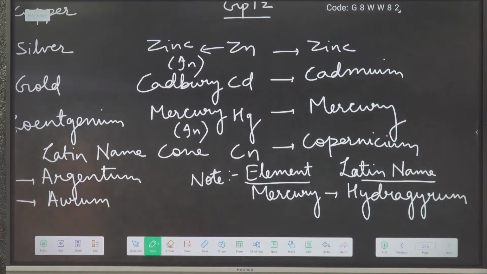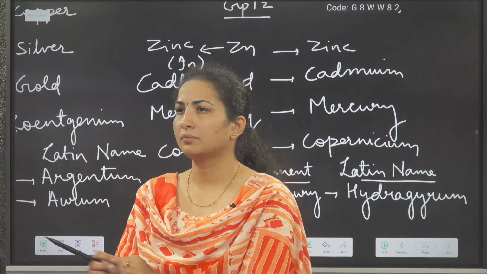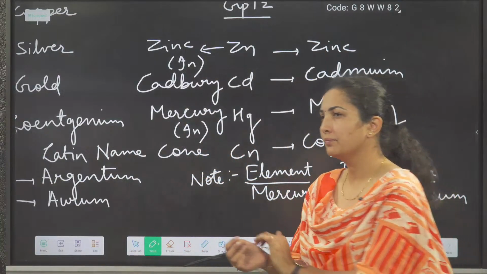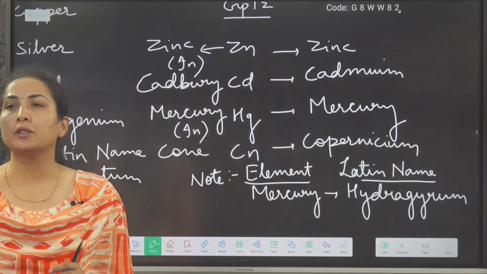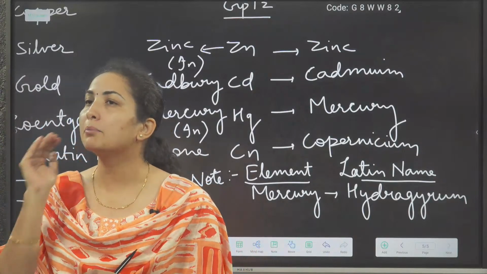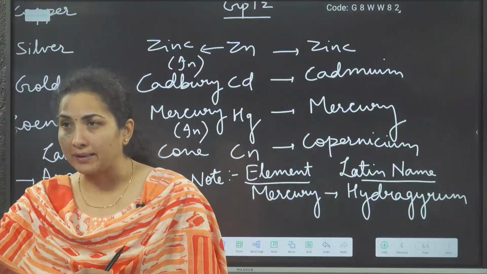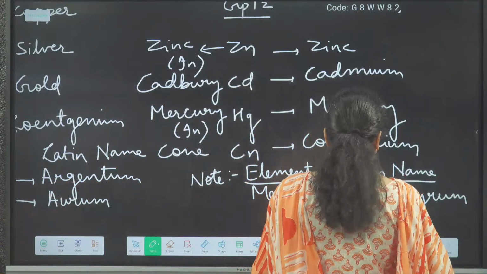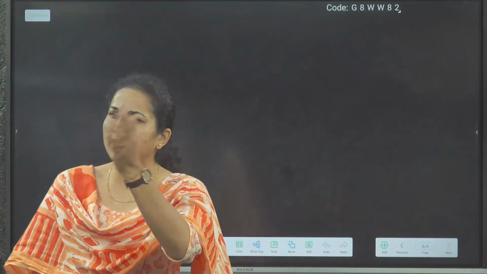Everybody has written? Okay, if you are done with this, I'm just going to ask you randomly the symbols of the elements which we have learned today. And nobody is going to flip the pages or look here and there or do any kind of cheating. Whatever you remember, best you tell me.